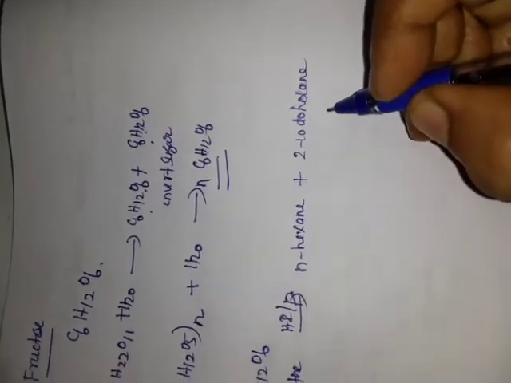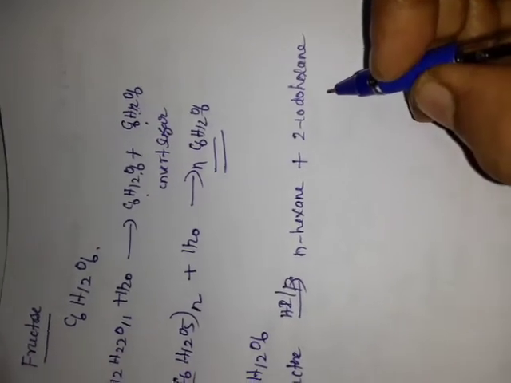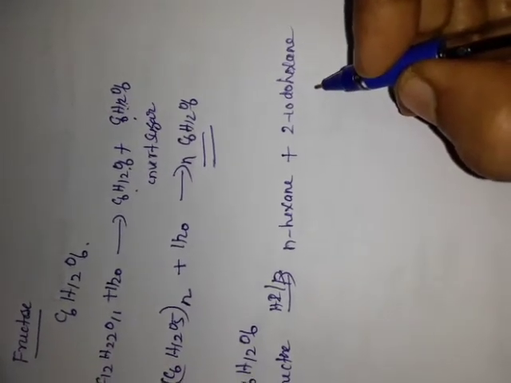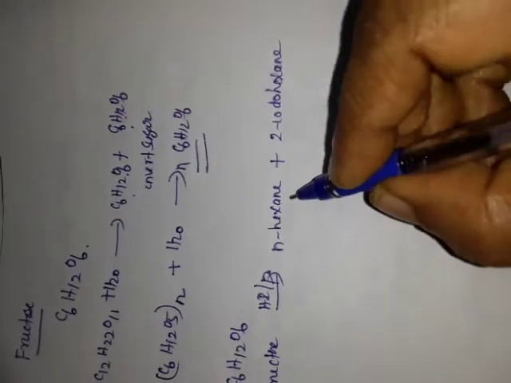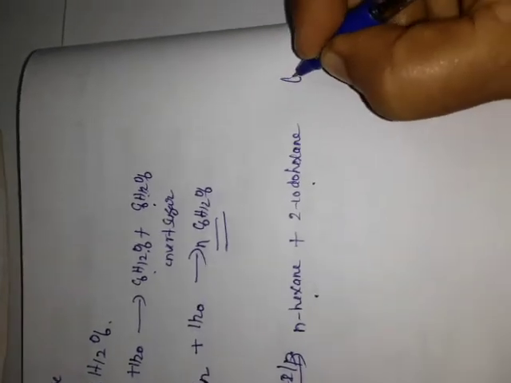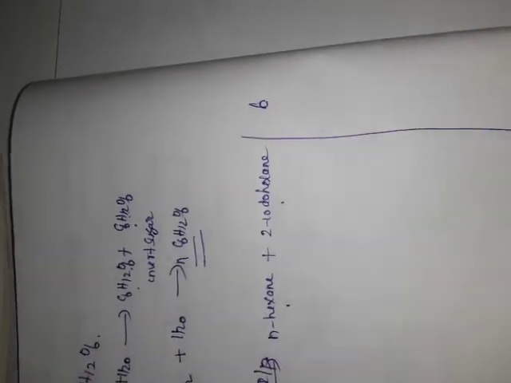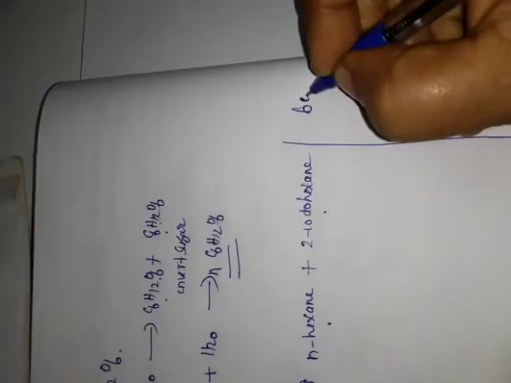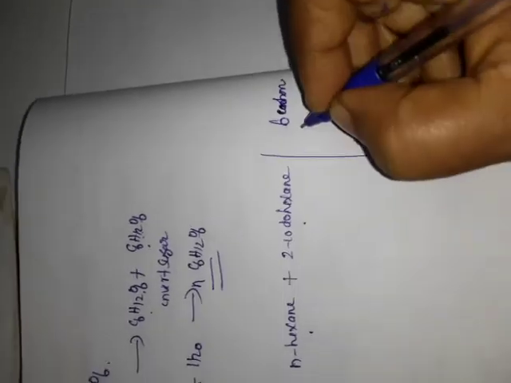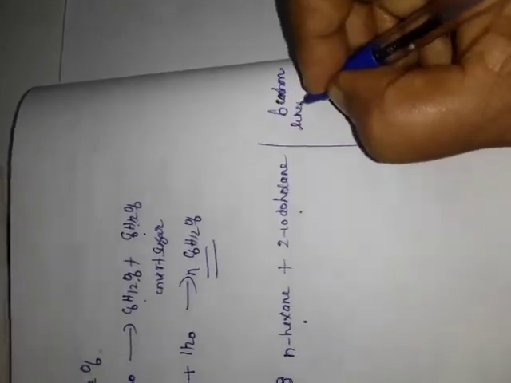Formulas, you refer to the book. 2-iodohexane indicates the presence of 6 carbon atoms in a straight chain. This is the major product and this is the minor product. Here it indicates 6 carbon atoms in a linear arrangement, in a straight chain.